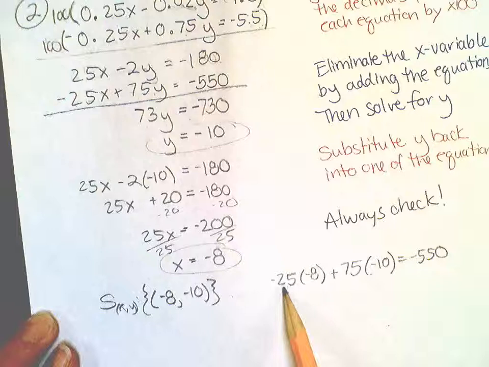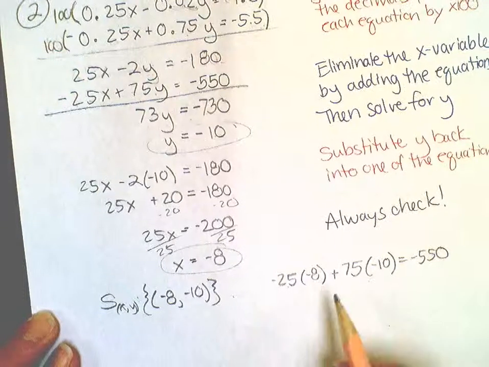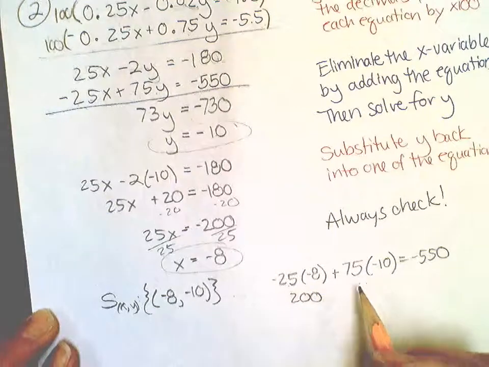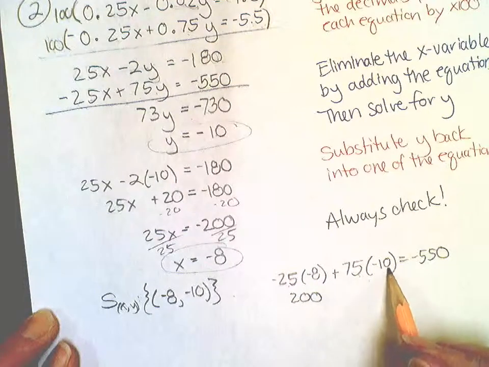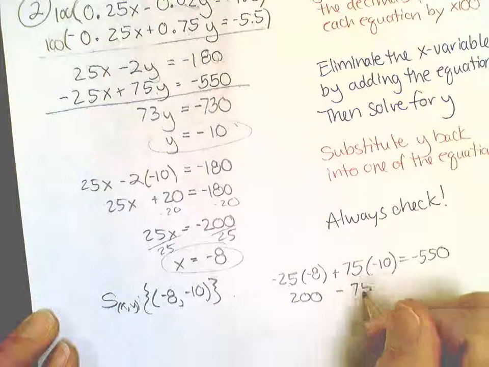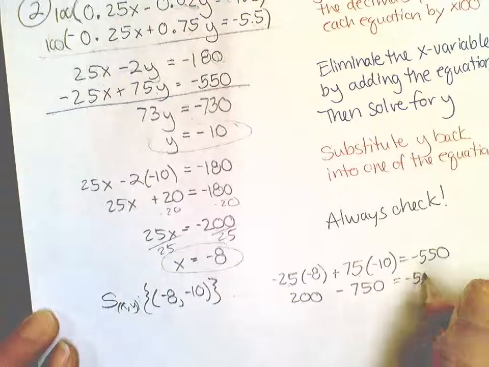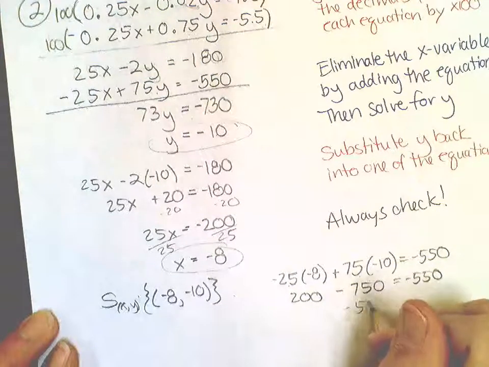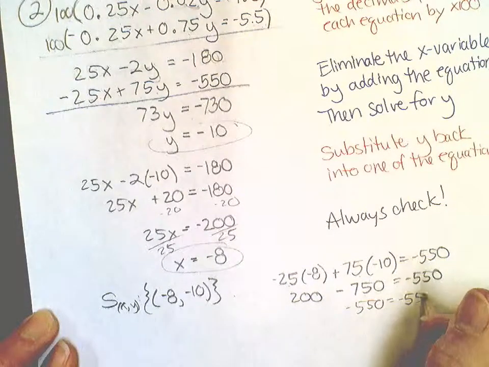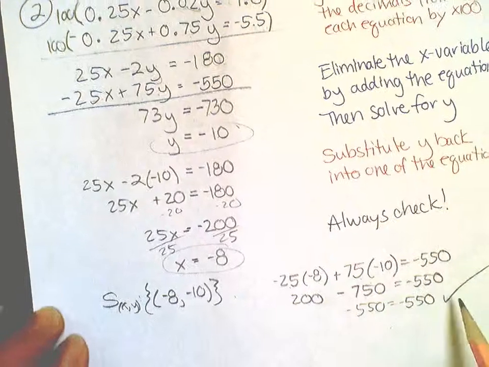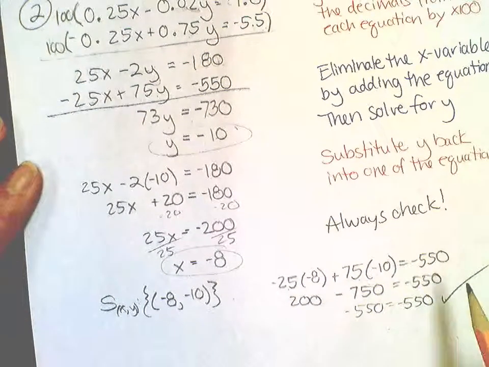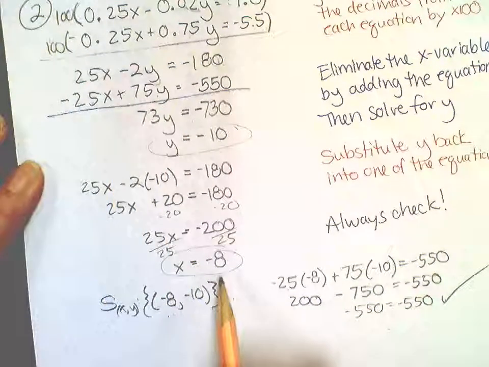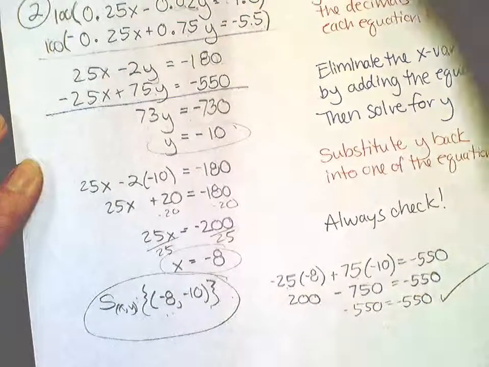Okay, so if you take a look at negative 25 times negative 8, that is going to be 200. 75 times negative 10 is going to be negative 750 equals negative 550. 200 subtract negative 750. Okay, so what this does is gives me that check that says, yeah, both of these x's and y's work in both of these equations, so this is my final answer.